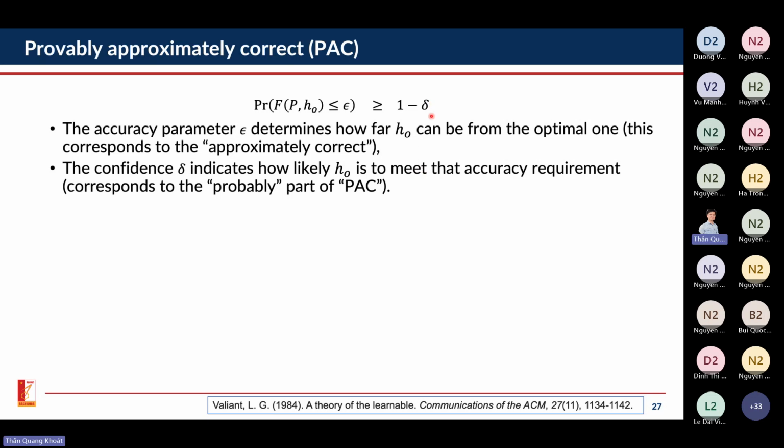And delta represents how likely the returned model can meet the requirements about the quality, right? Or in other words, one minus delta here shows our confidence in our estimation about the test error.